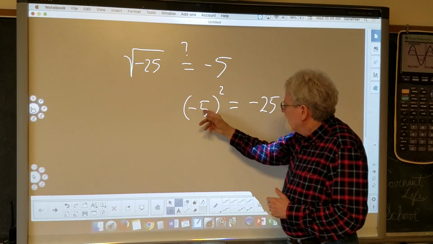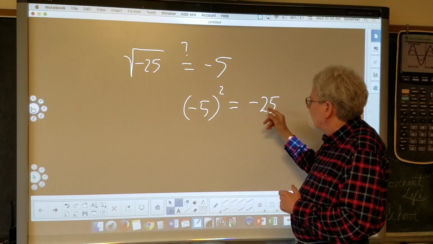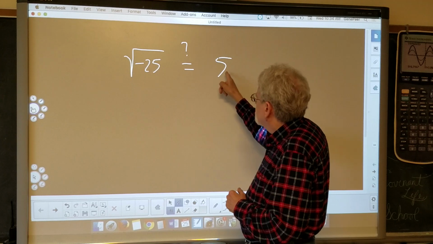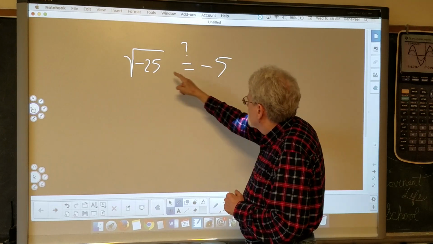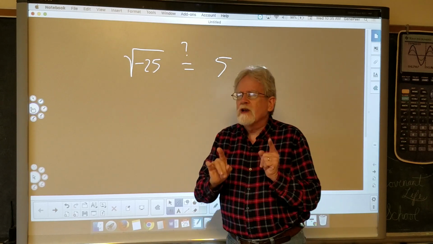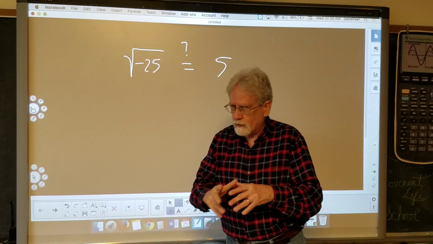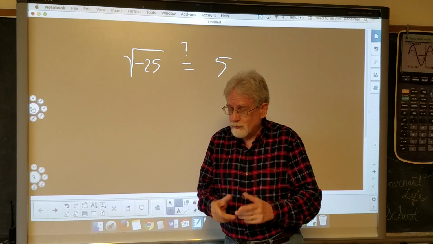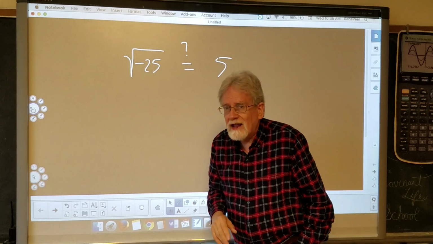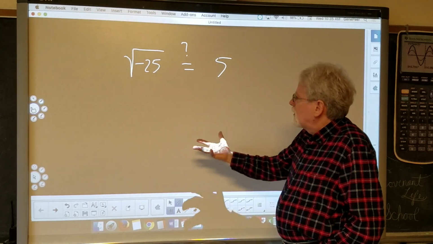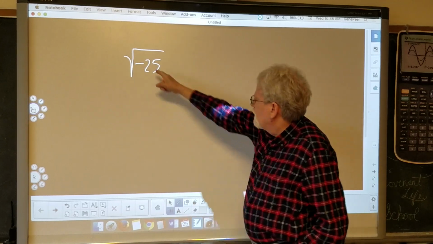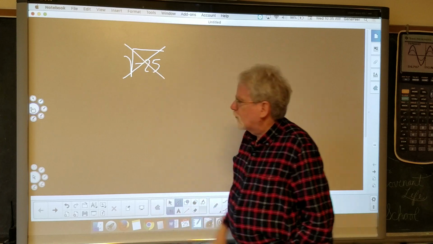No. Negative 5 times negative 5 is positive 25. Oh, I see. So it has to be positive 5. No, 5 squared, that doesn't work. What works? Nothing works. In the real number system, which is what we're currently operating under, but not forever, there is no square root of a negative, because nothing, when multiplied by itself, can ever give a negative answer. So in the real number system, this does not exist. There's no such thing as the square root of a negative.